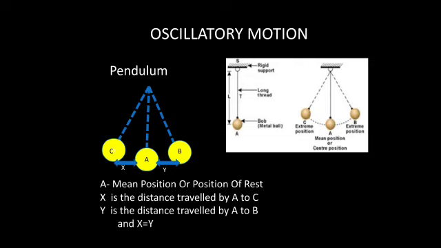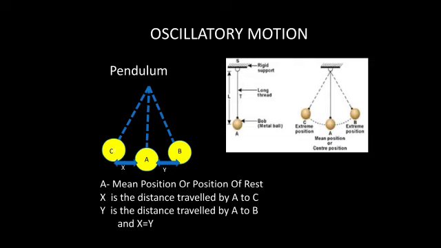Suppose let us consider how it starts swinging. It swings to B and then to C and then comes back to the position A, isn't it? I repeat, the swinging of the pendulum bob: it started from A to B. B is the extreme position and C is also called an extreme position.